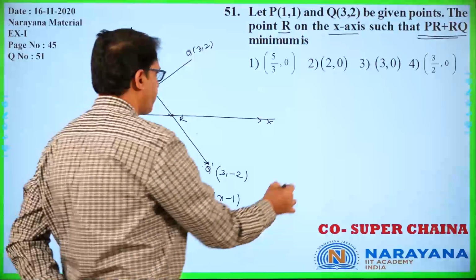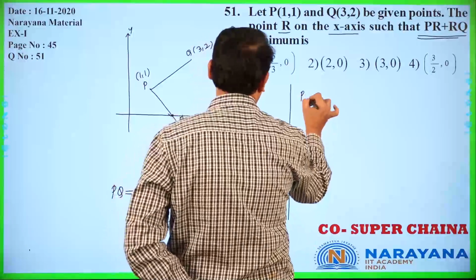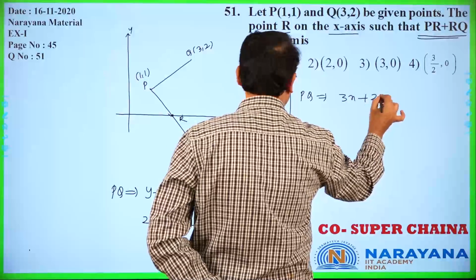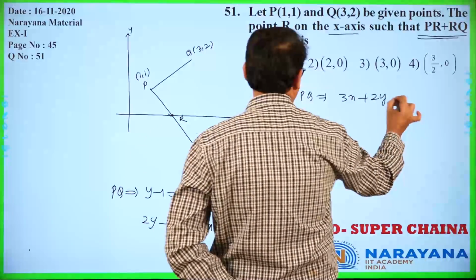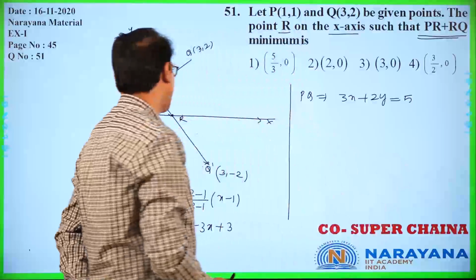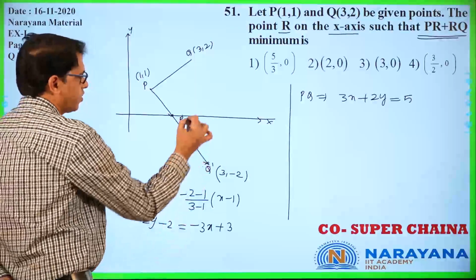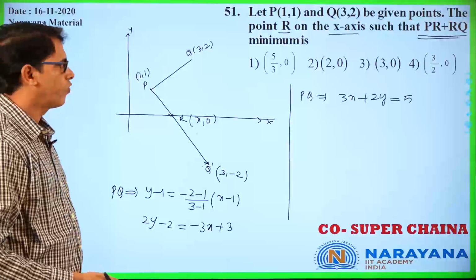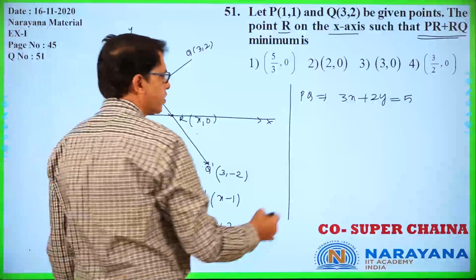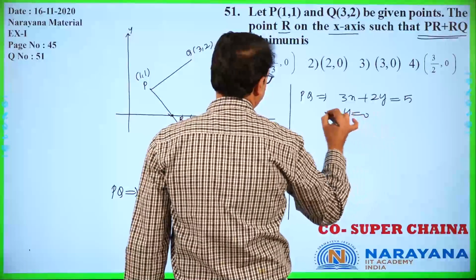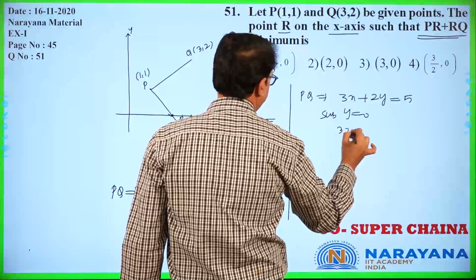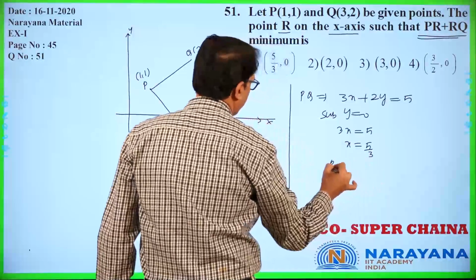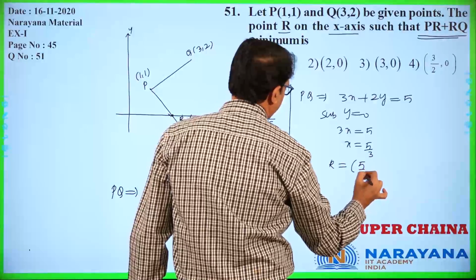Therefore the equation of PQ dash is 3x plus 2y equals 5. Now R lies on the x-axis, so the y coordinate must be 0. Put y equal to 0, then the x coordinate is 5 by 3. Therefore R coordinates will be 5 by 3 comma 0.